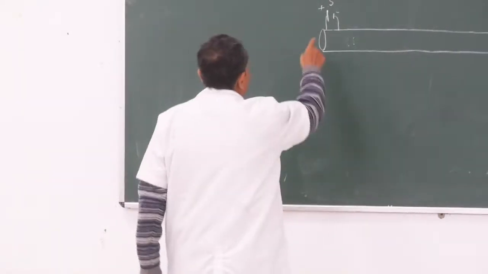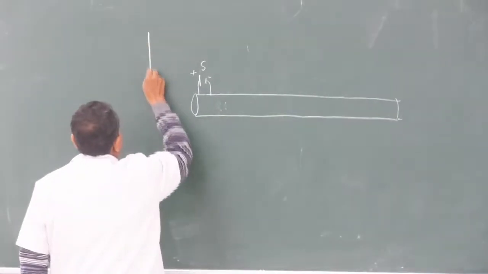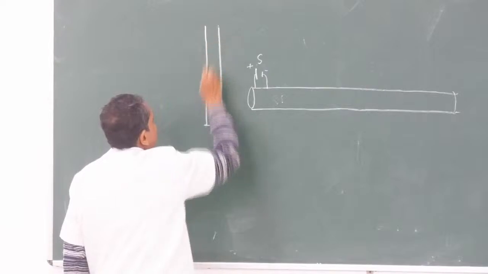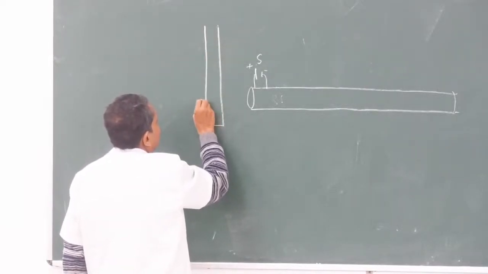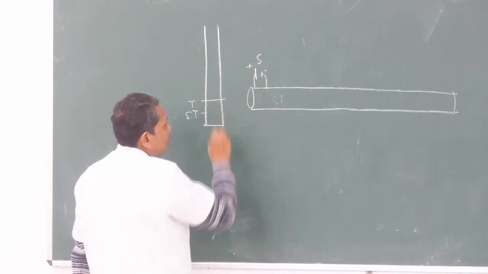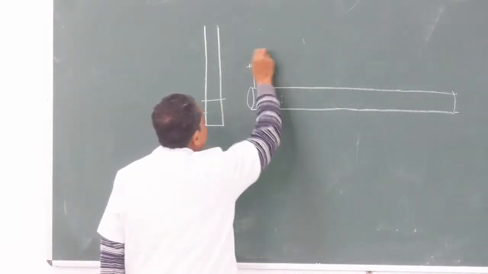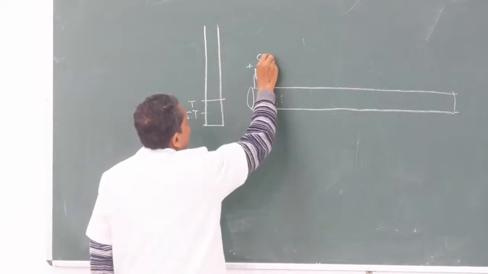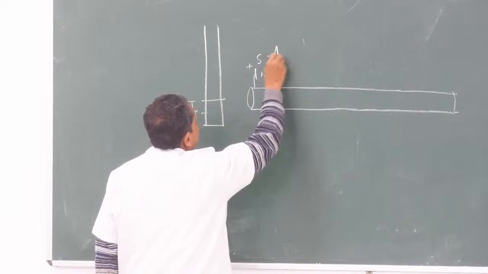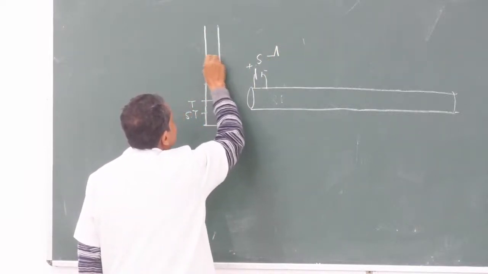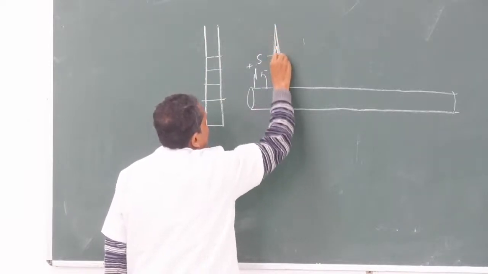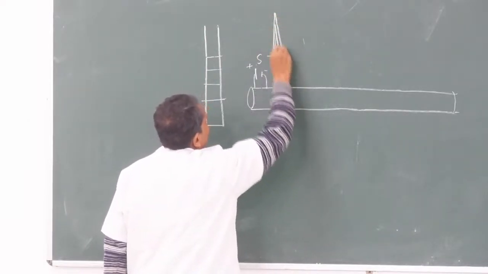Suppose the stimulus strength is given. Initially there is no action potential, just a baseline. As you go on increasing the stimulus, the response progressively increases, and at last it reaches the maximum value.